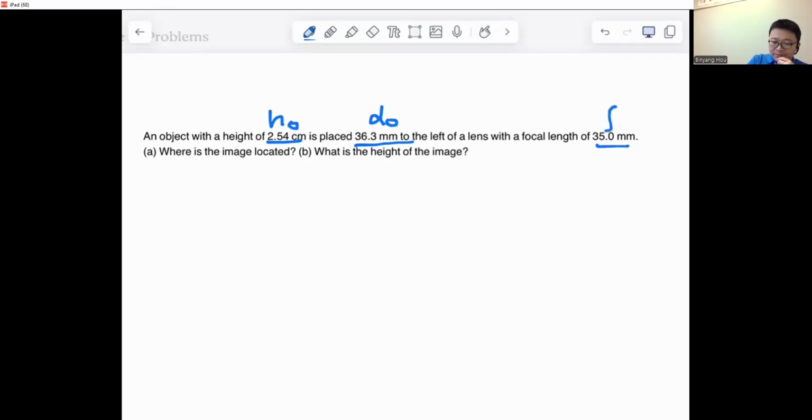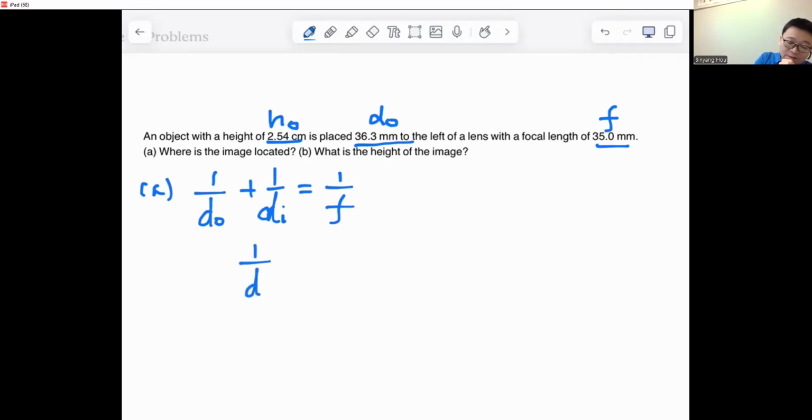And this is F, focal length, okay? And then we are looking for where the image is located. So that means we are looking for DI. So 1 over DO plus 1 over DI equals 1 over F, okay? So we have DO and F, we can solve for DI. So 1 over DI will be equal to 1 over F minus 1 over DO, okay?